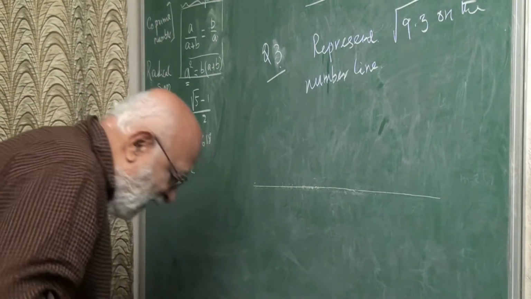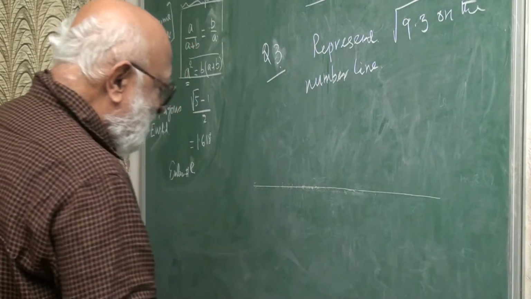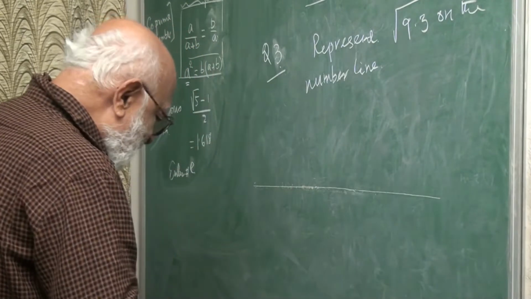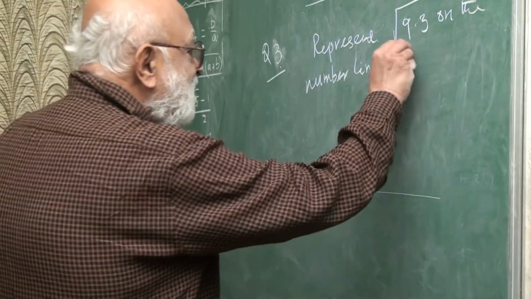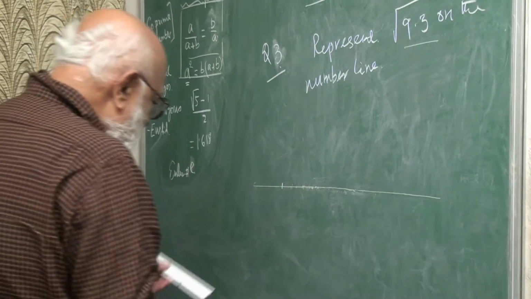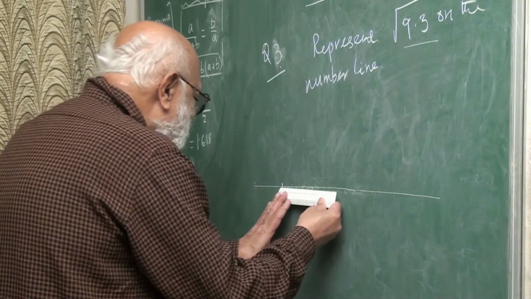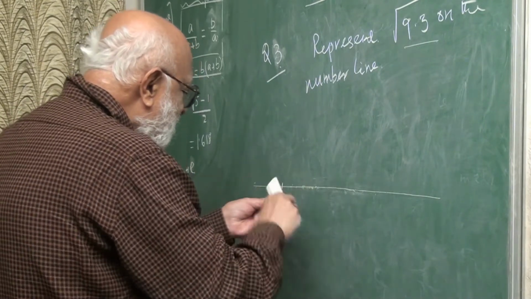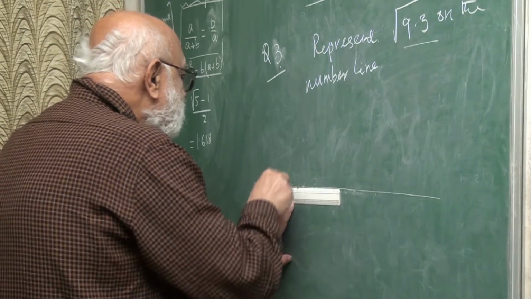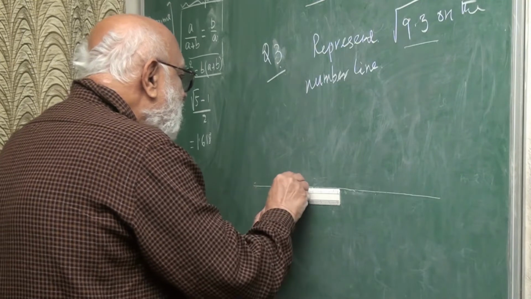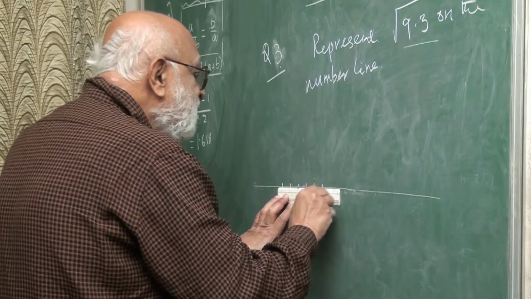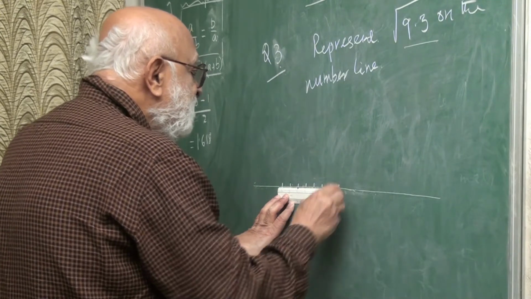Now I have to go around and take 9.3 on this number line. So let me start from here. I will take these units from here, and that will be faster and easier. So I will take this point here, this point here, this here, this here, this here, and this here.